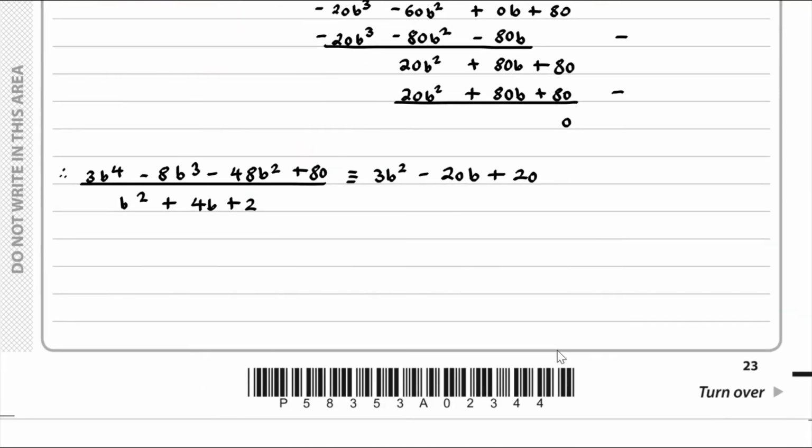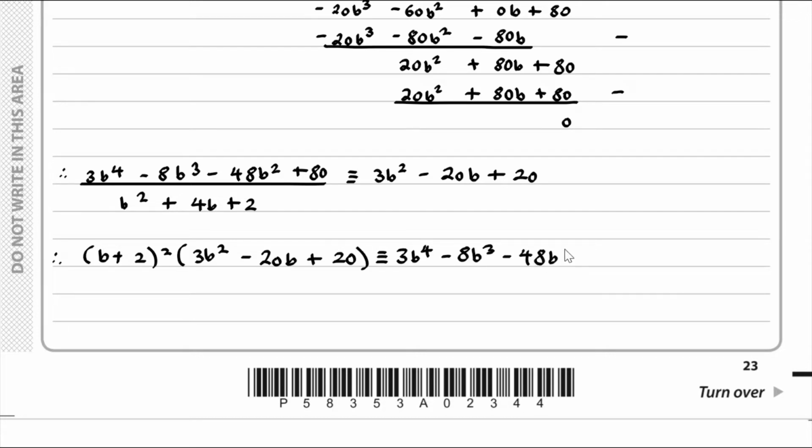And therefore, in conclusion, we have b plus 2 all squared, lots of 3b squared minus 20b plus 20. That's equivalent to 3b to the 4 minus 8b cubed minus 48b squared plus 80. Okay, so therefore that's what we wanted to show.